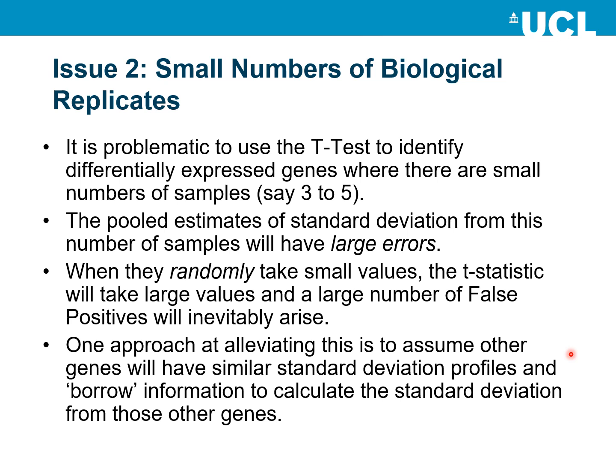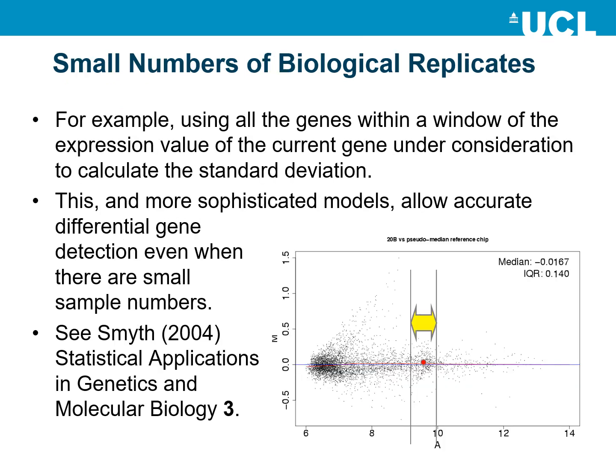You want your variance to not become small unless it really is small. So one of the approaches is actually to borrow information from other genes.